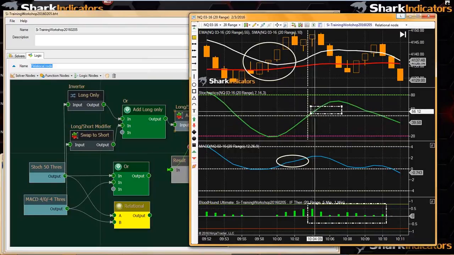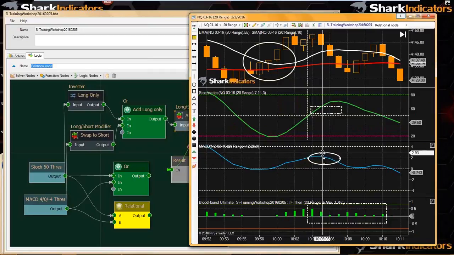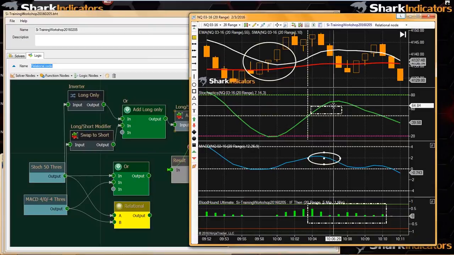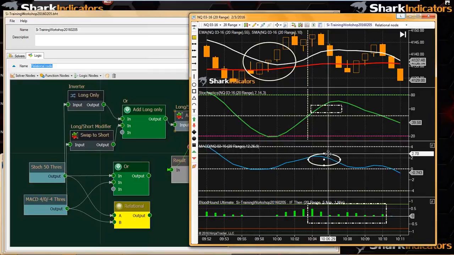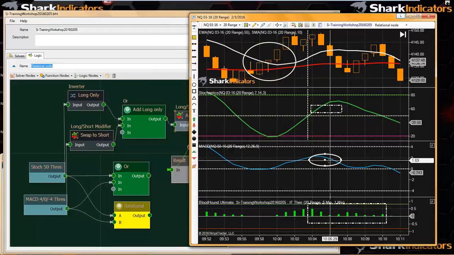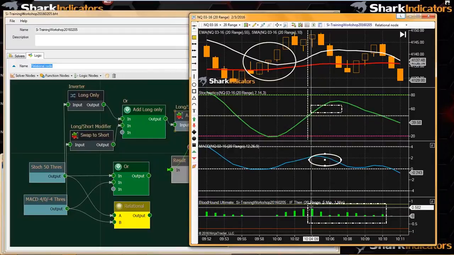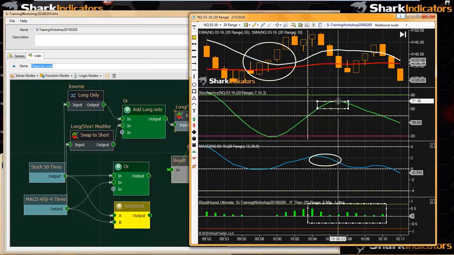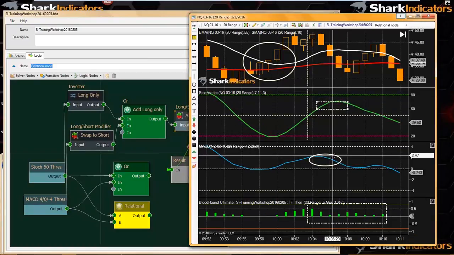Now once the stochastic starts to have a positive value, we're taking a long value from the stochastic and subtracting it from a long value from the MACD, and so now the output starts to diminish, because we actually have a value to subtract.